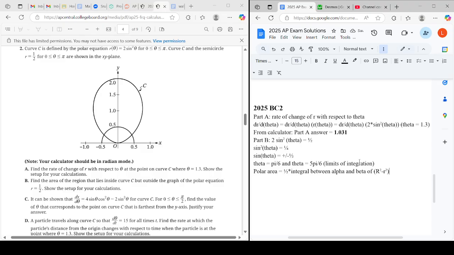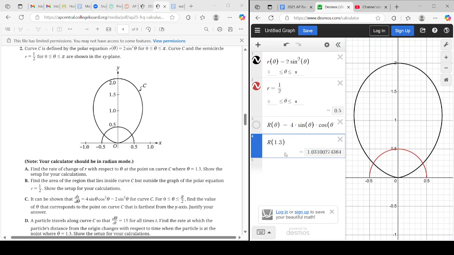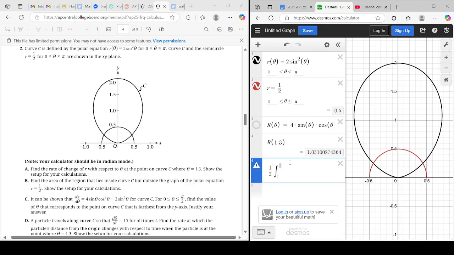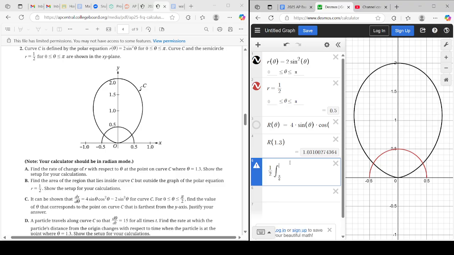It's just like area between curves, or you can think of it like the washer method where you square individually and subtract. So we're going to plug this in. We know the limits of integration, so we're just going to do 1 half times the integral from pi over 6 to 5 pi over 6 of r of theta squared minus 1/4 d theta.